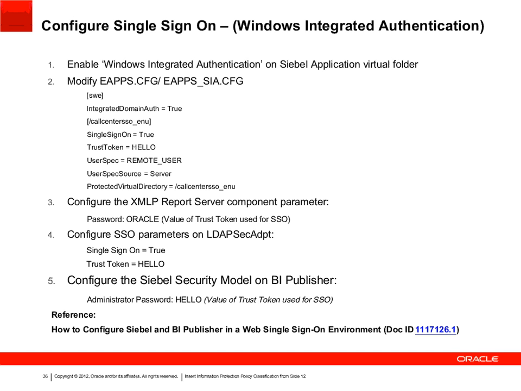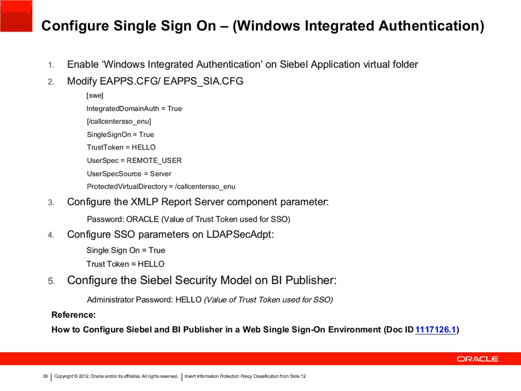Now, to implement Windows integrated authentication, as shown, you need to have the parameter IntegratedDomainAuthentication equal to true in eapps.cfg at the Siebel Web Server Extension level. This is from the web server side, as well as the core RAS web server level.